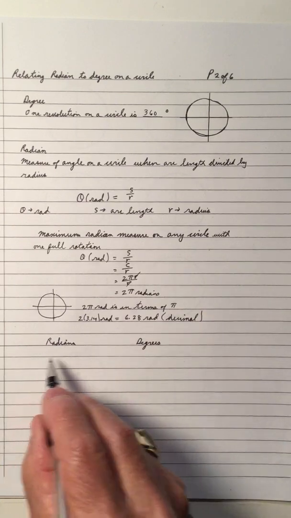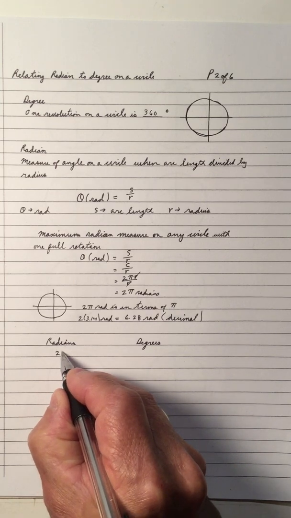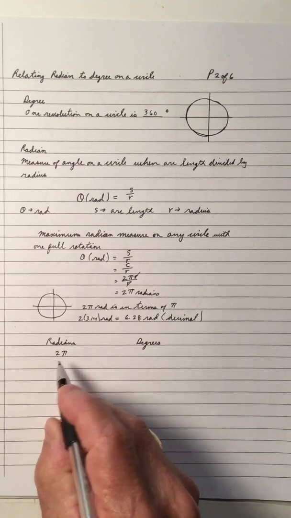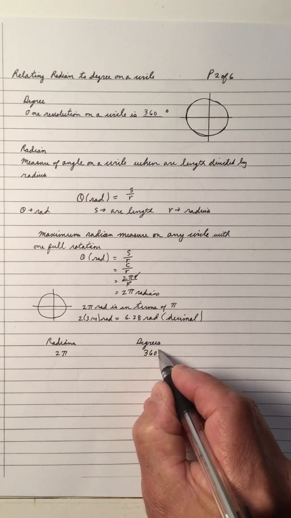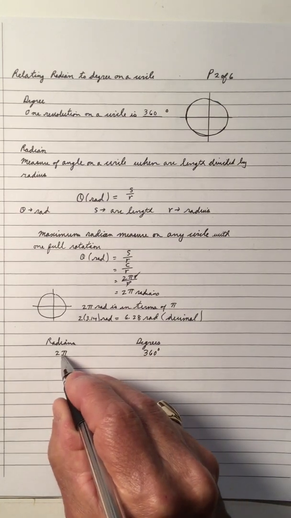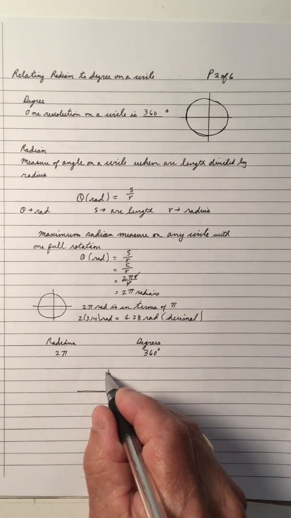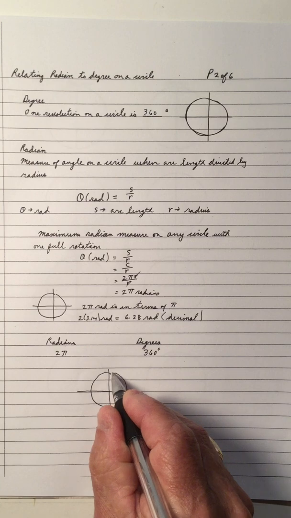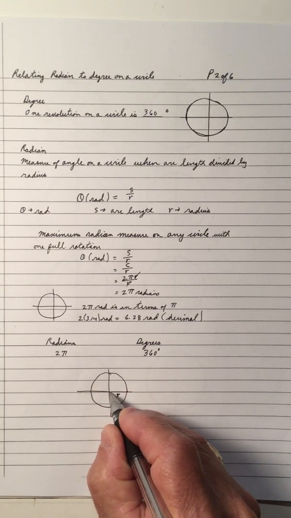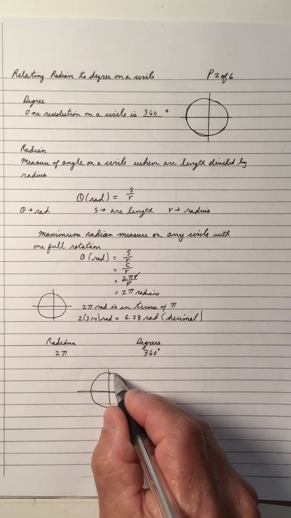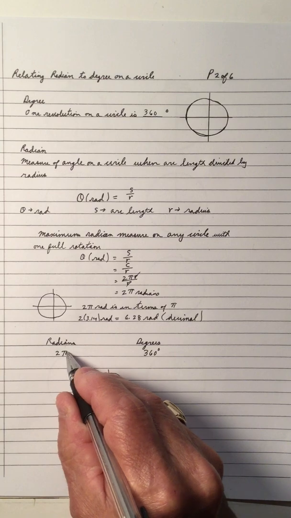So radians to degrees. The full rotation, that's one rotation, is 2 pi radians, and in degrees is 360. So if you rotate around a circle from this point here, no matter what the radius is, one rotation gives you 2 pi radians.